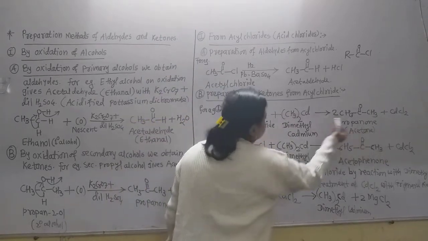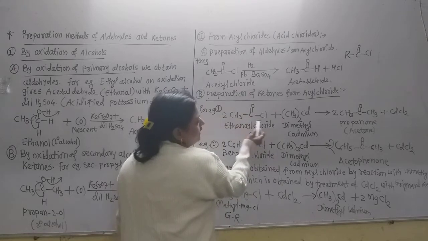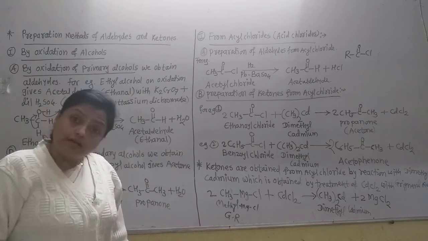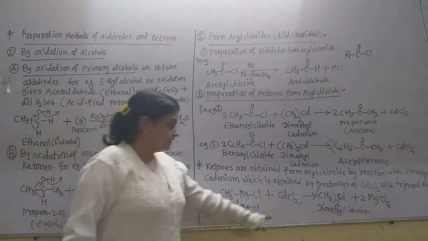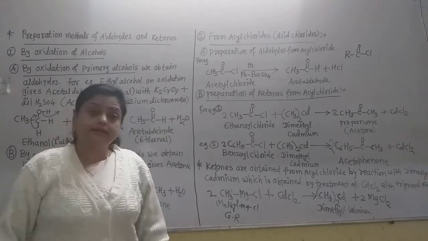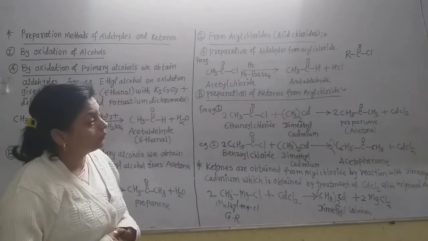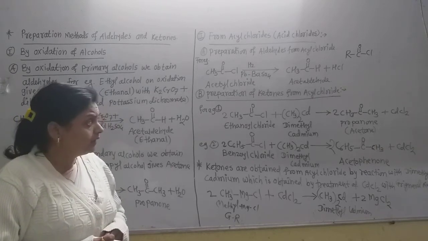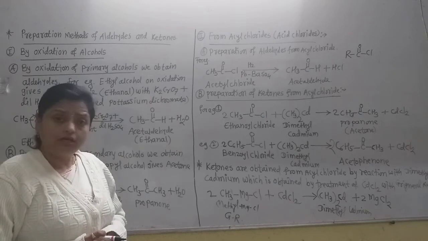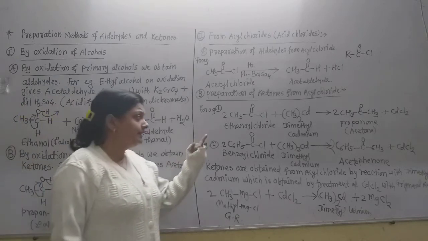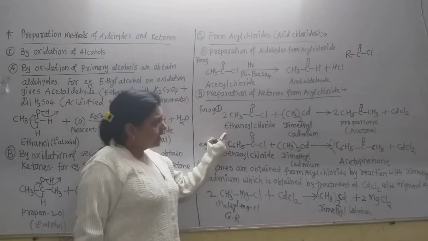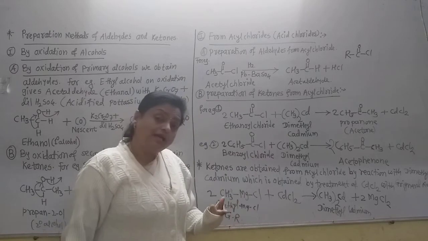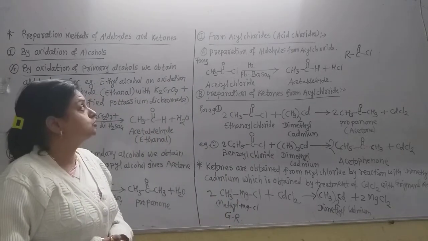Now propanone is formed, and these two chlorines and the cadmium again form cadmium chloride. That means cadmium chloride, which was used first, is regenerated in the second step, and in this way we obtain propanone or acetone. But we can prepare any ketone from this reaction, because if we use any acid chloride and any dialkyl cadmium, you can obtain symmetrical as well as unsymmetrical ketones from this method.